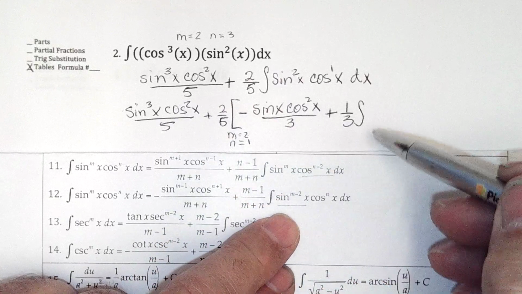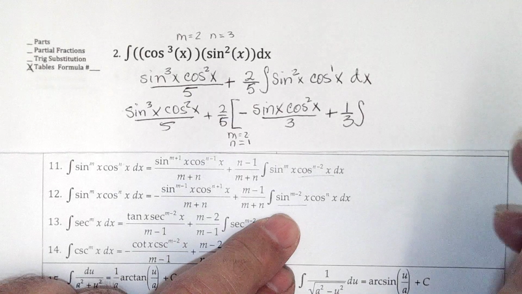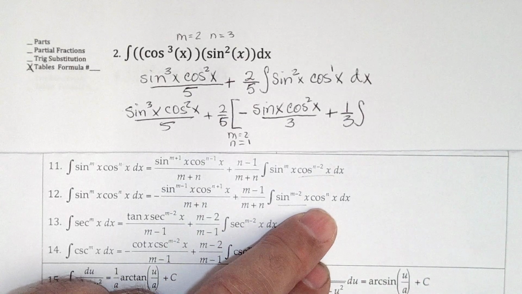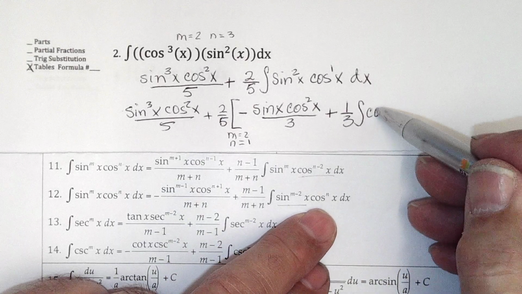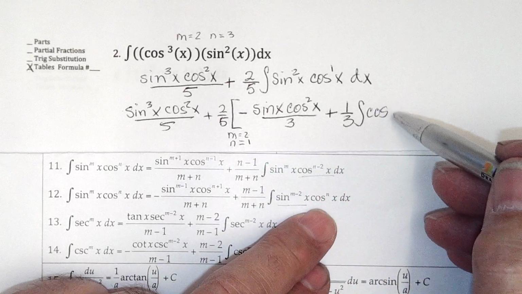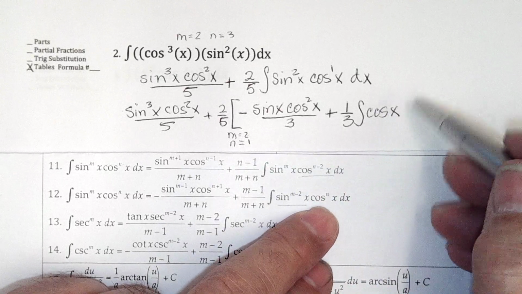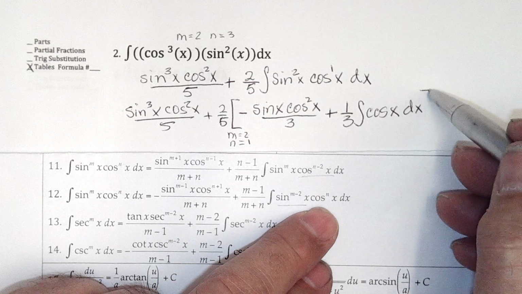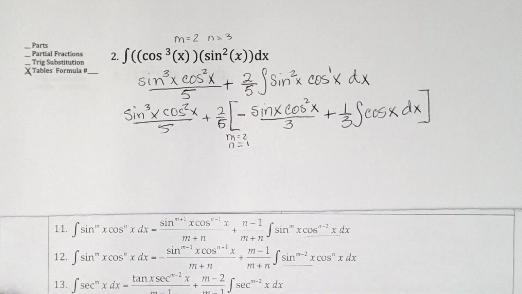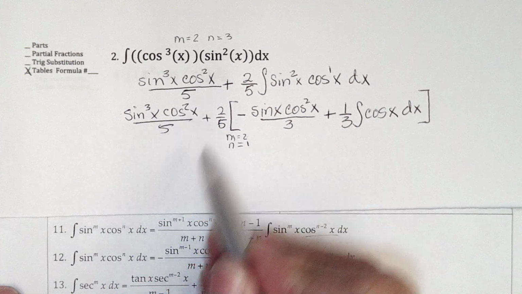it was 2, down to 0, so that's sine to the 0 power, or 1, so I don't need to put it there, cosine to the n, which is 1, so I don't need to put the 1 there. And now I have this.